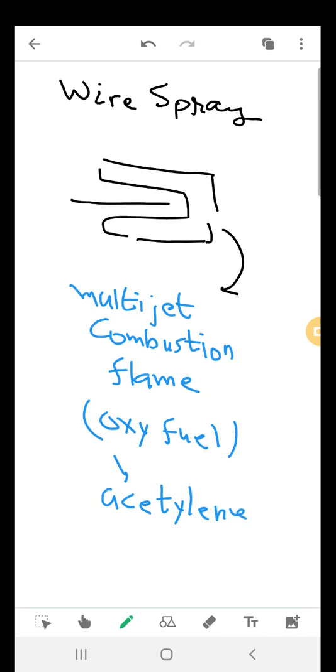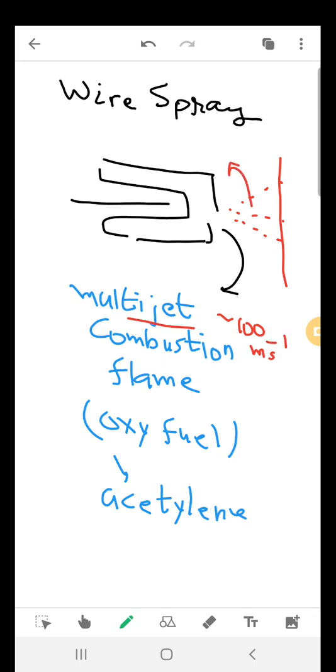The molten droplets that are produced get deposited on the substrate, and the speed of the jet is around 100 meters per second.